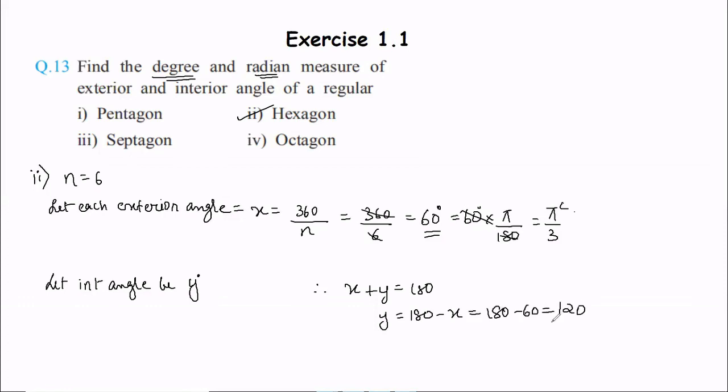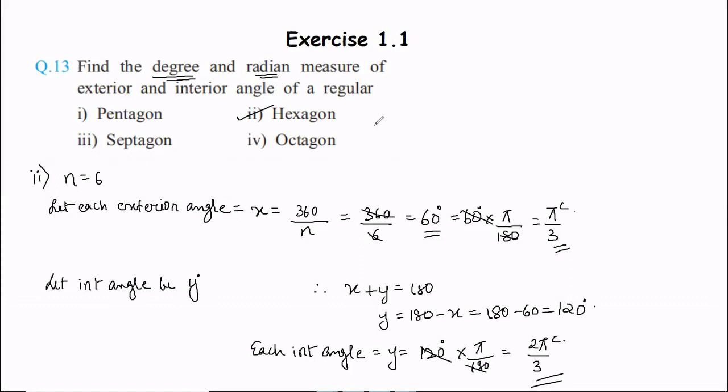So we got each interior angle is equal to y is equal to 120 degrees, which is into pi by 180. Cut. You will get 2 pi by 3 radian. Okay. So that's the answer for exterior and interior angle in case of a hexagon.